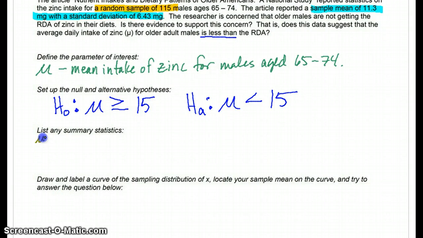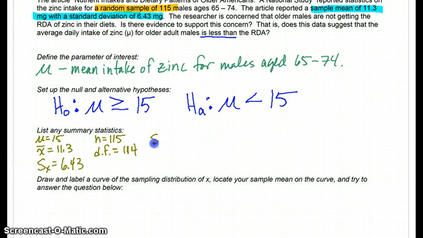We know mu is 15. We know x bar is 11.3. We know S sub x is 6.43. That's the standard deviation of the sample. We know that n is 115. We also therefore know that the degrees of freedom would be 114.